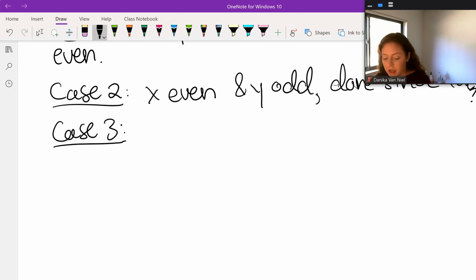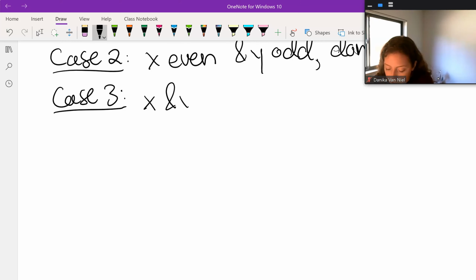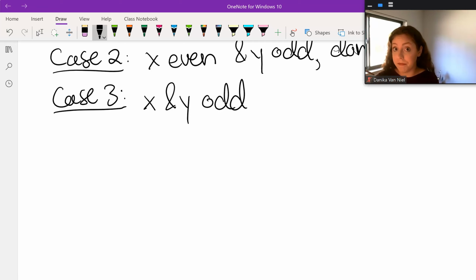So case 3, x and y odd. So now this is saying that not P or not Q is a false statement. So we want to show that this cannot possibly happen if x times y is even, okay? So this is basically the same thing as before.